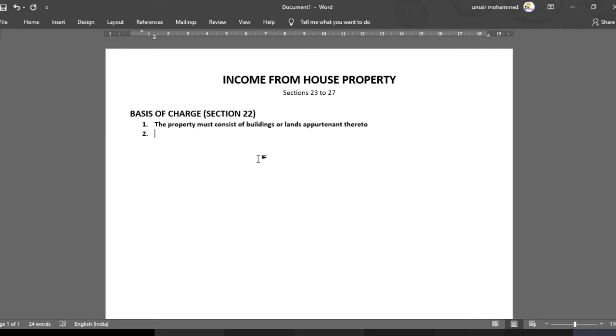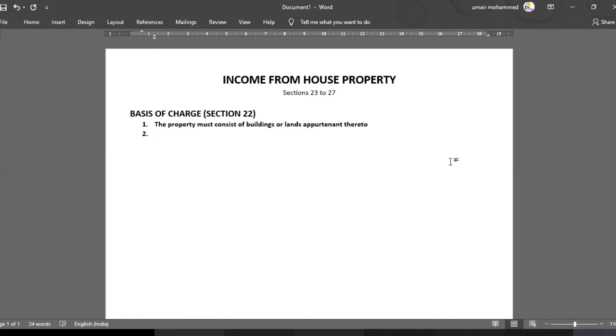So vacant land, plot, ground, all these incomes from these sources will not be considered as income from house property. So if rent received from ground, rent received from a vacant lot, is not an income from house property, then what is it? That's a different question that we'll discuss a little later. But for now, it is not an income from house property.